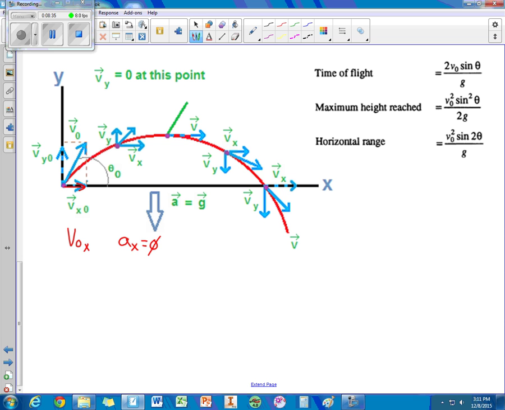The y-axis sees an acceleration. So the acceleration on the y-axis equals g, which is our negative 10 meters per second squared. If you're using feet, this is also negative 32 feet per second squared.